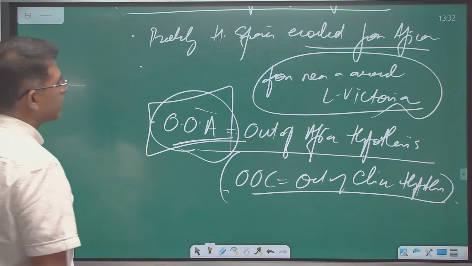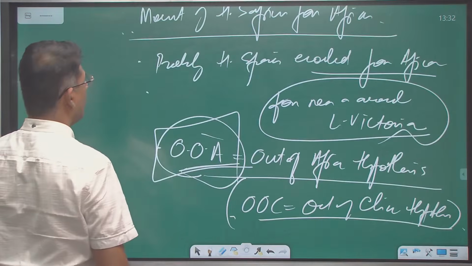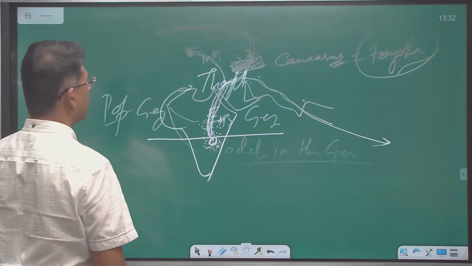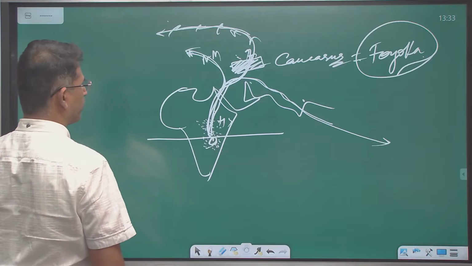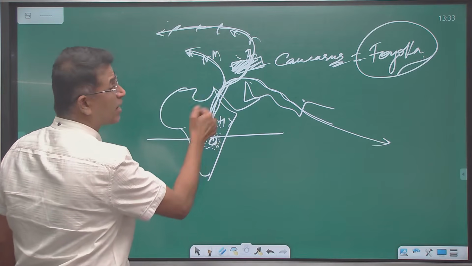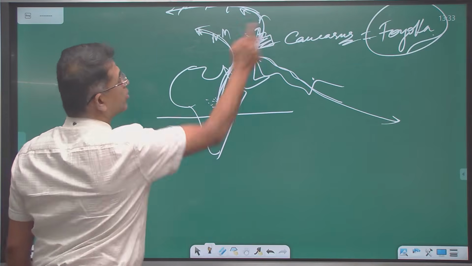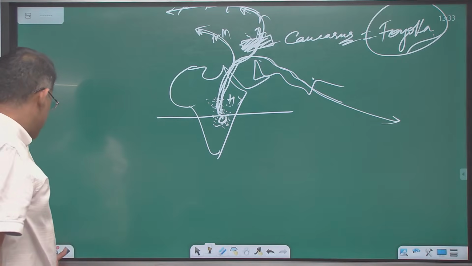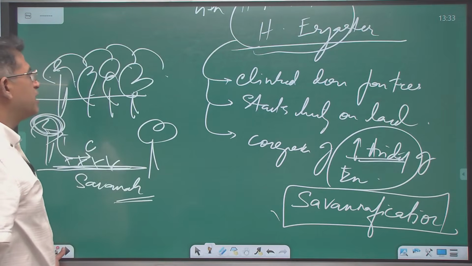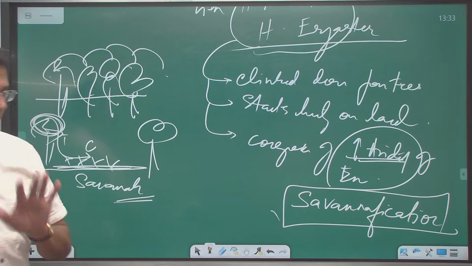So the evolution of the species starts happening here. Savannification, the species climbs down. For some reason, they start moving northwards and start crossing. So the beginnings of the distribution happen with savannification. ठीक है?